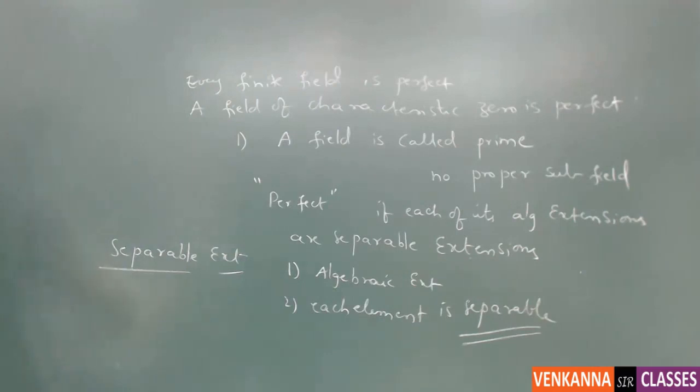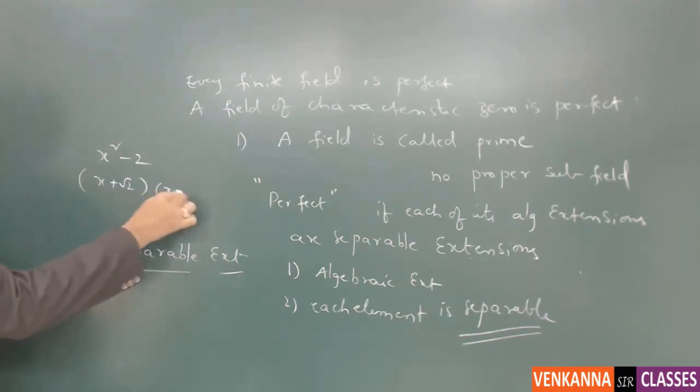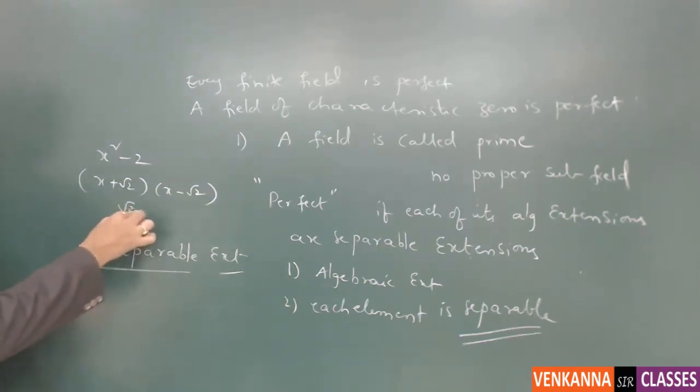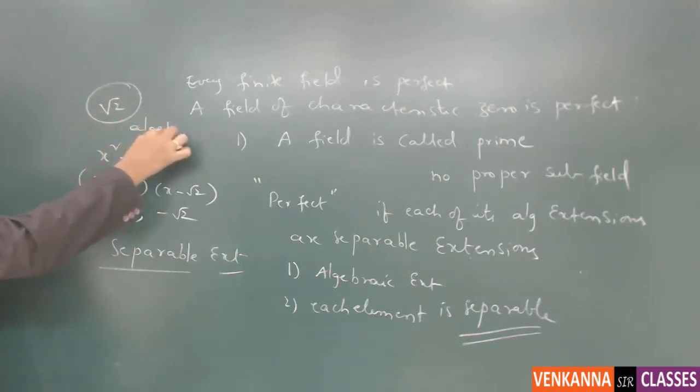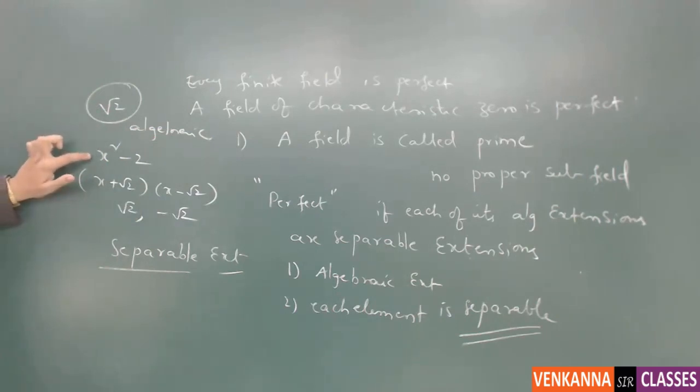I will give a simple example: you take x square minus 2. This is the product of linear factors. So here root 2 is one root, minus root 2 is another root. Accepted? And root 2 is algebraic for this polynomial because root 2 satisfies this polynomial.